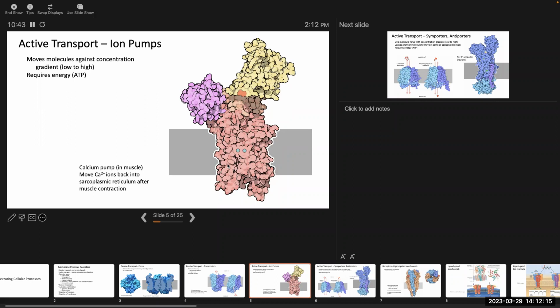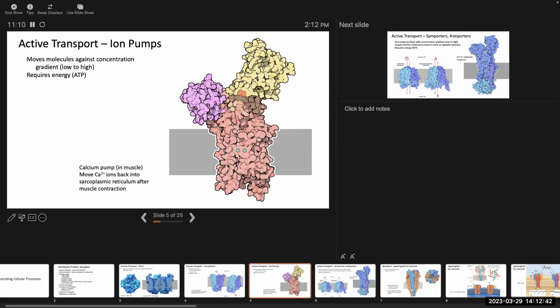And actually, that's one reason people get cramps: if you don't have adequate blood flow and circulation to a muscle, you don't have any way of getting rid of that excess calcium in the cell. So this molecule is responsible for pumping the calcium ions back out of the sarcoplasm, out of the cytoplasm, back into something called the sarcoplasmic reticulum, which is kind of like the endoplasmic reticulum of a cell.